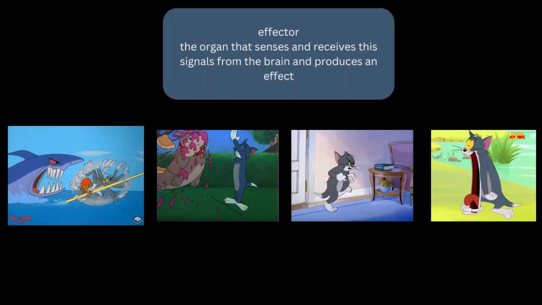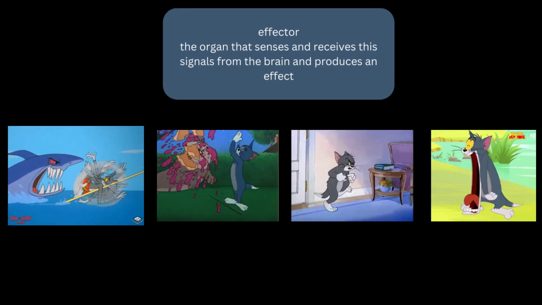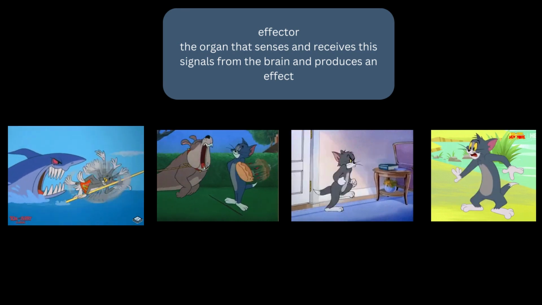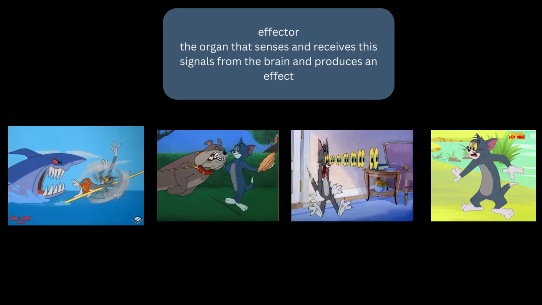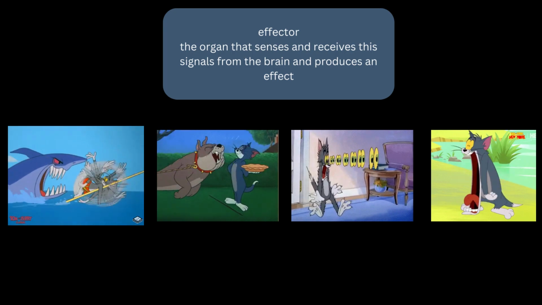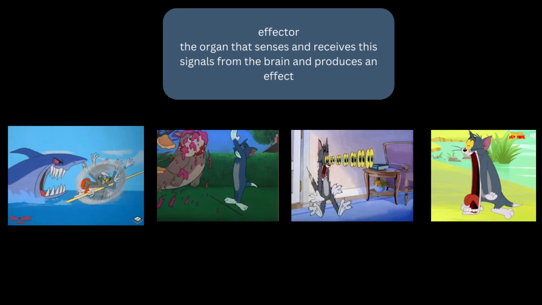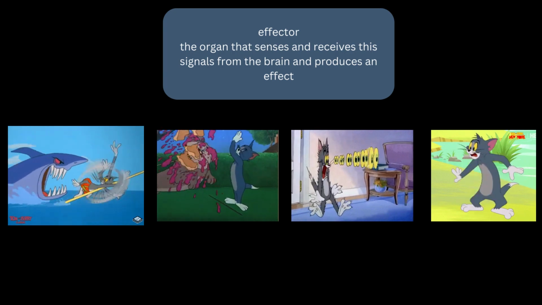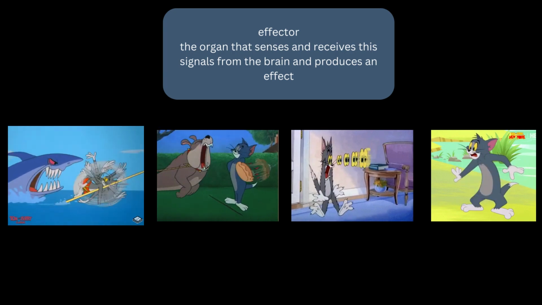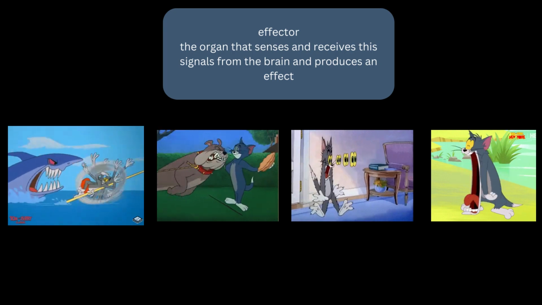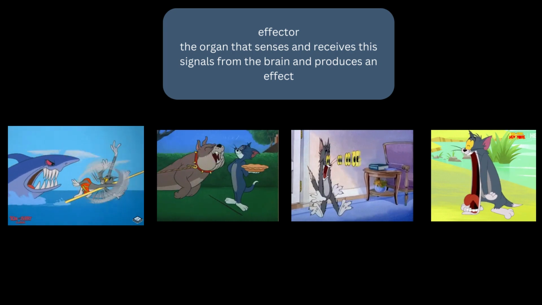Now coming to the effector. Effector is the organ that receives the signal from the brain and produces the effect. So right after the receptors have received the energy, it has to react to it. So effector does just that. If you can see in all of these scenarios, Tom's being chased by a shark, so what's his effector doing?